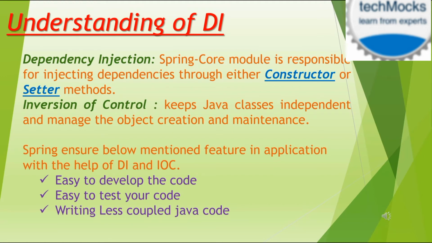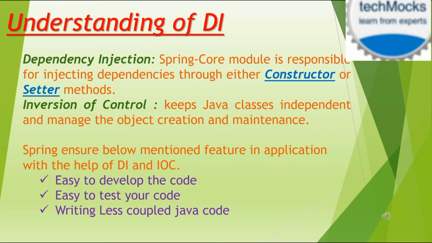With the help of these two design principles, Spring ensures that the application is very easy to write in Java code, and at the same time, testing of the Spring-based application is easy.